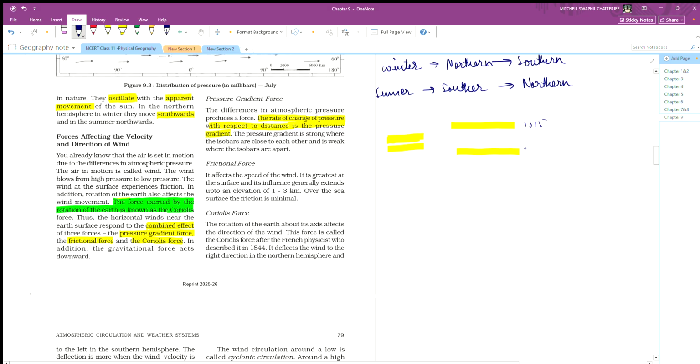Let's take the second one, 1035. Less pressure, gradient force.